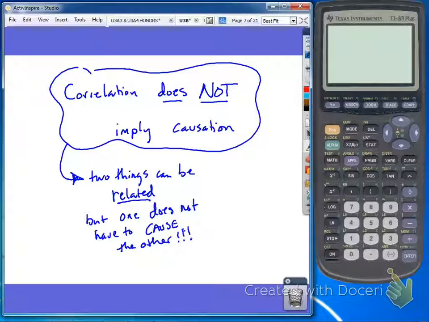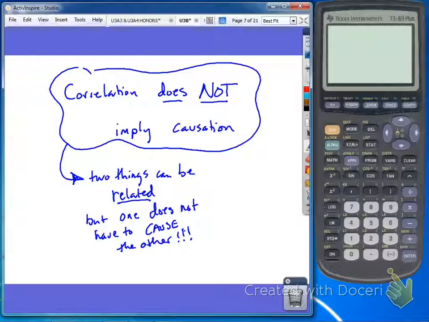I think in our core we understand that. For example, I have a brother. We're related, but he didn't cause my existence, nor did I cause his existence. We're related, but we don't cause one another. Right?